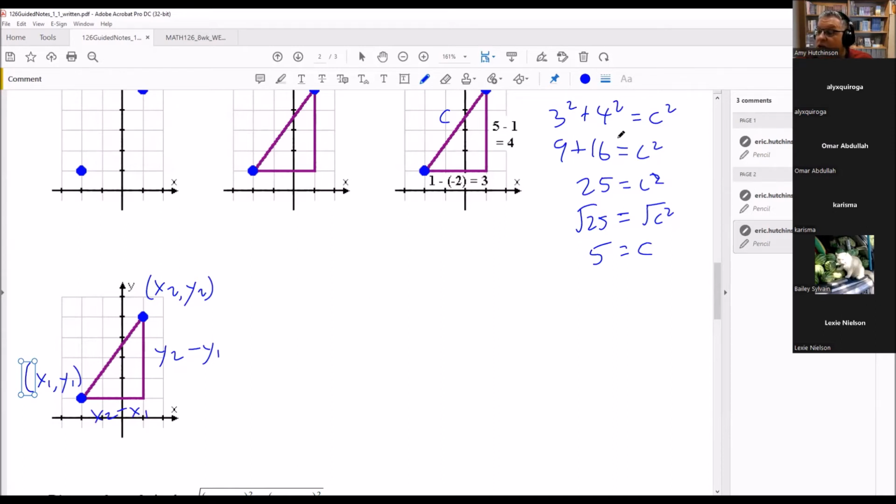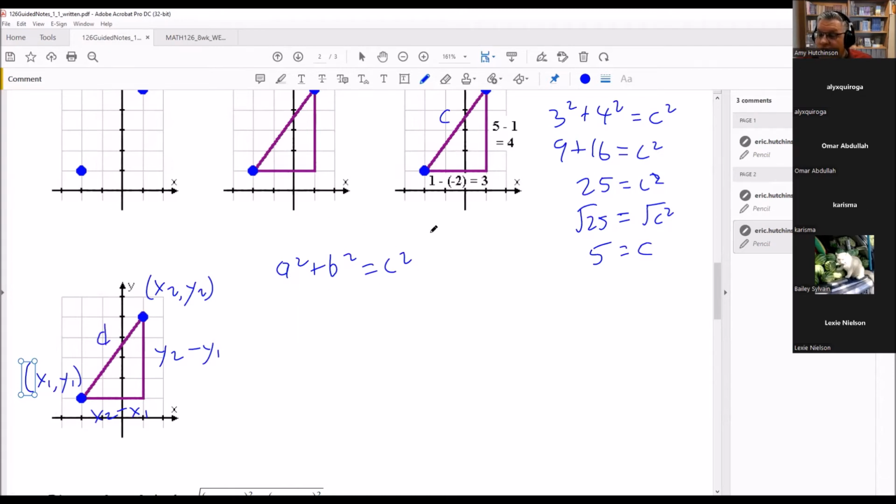Now I'm going to use the same exact formula that I used before. I'm going to use the a squared plus b squared equals c squared formula, just like that. As I mentioned before, the a and the b are going to be these vertical and horizontal sides. The c has to be the longest side of the triangle. Now ultimately, in my picture, I'm going to put a D there because D stands for distance.